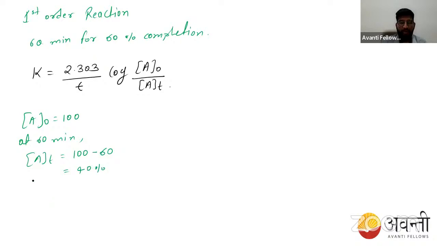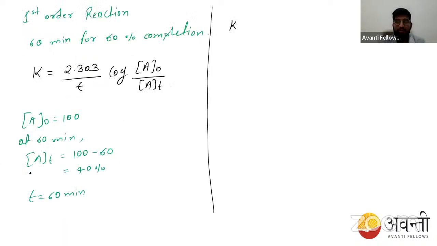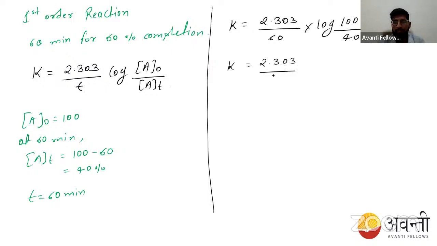So I know the K is equal to 2.303 upon 60 into log 100 upon 40, right? Log 100 upon 40. So K is equal to 2.303 upon 60 into log 10 upon 4.